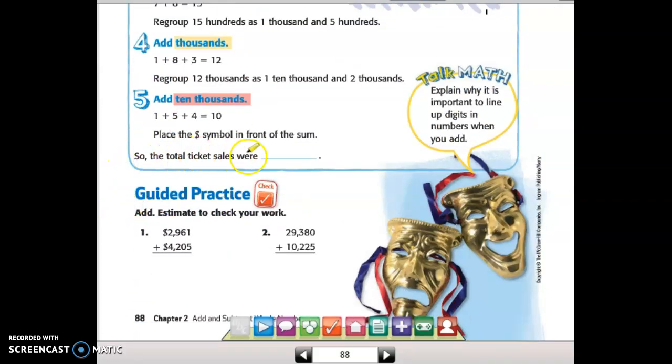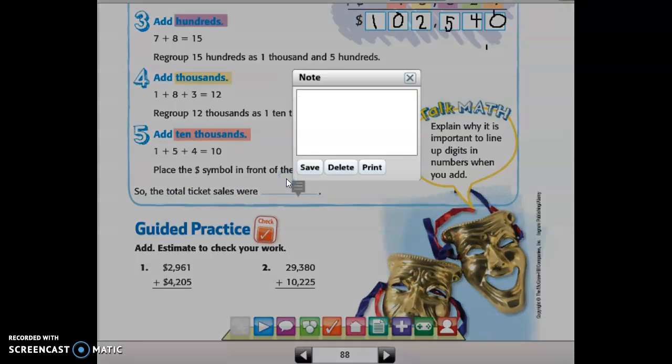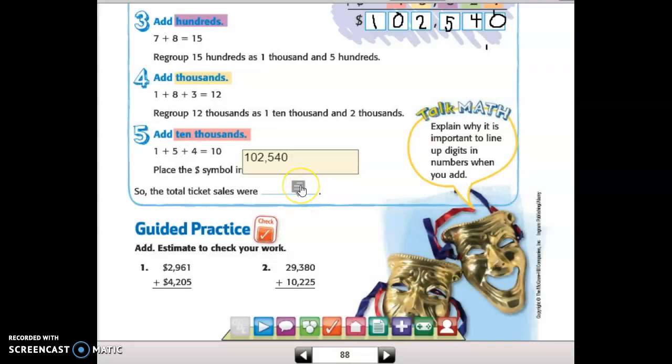So the total ticket sales were, let me see my box, 102,540. And that's addition of larger numbers using the standard algorithm.